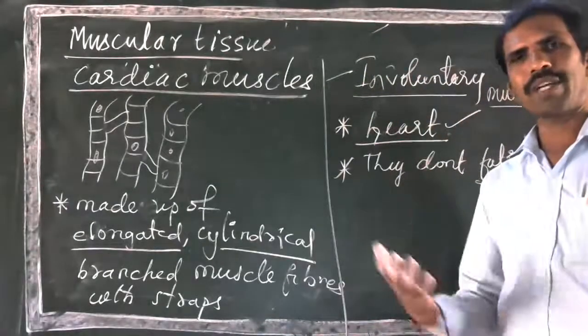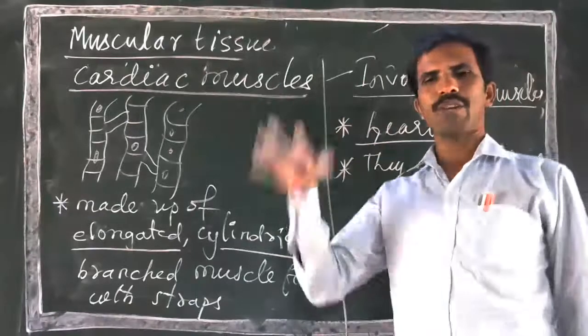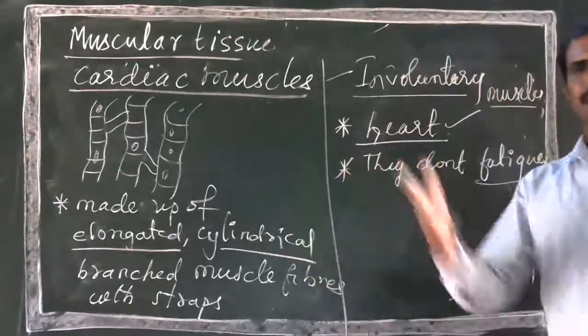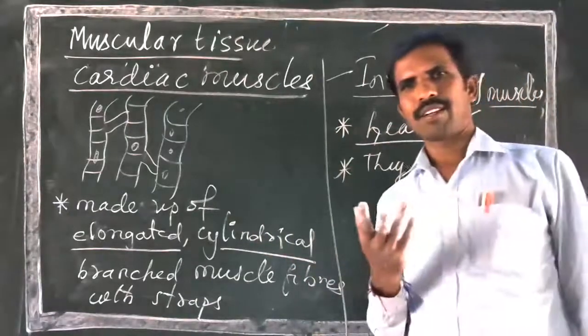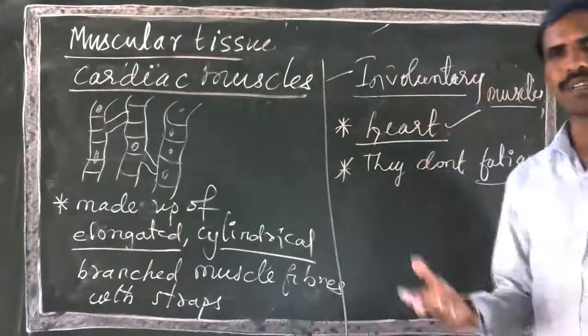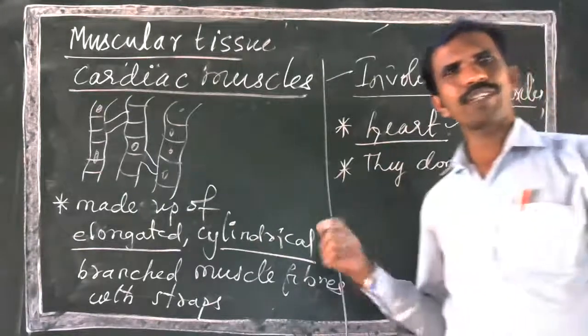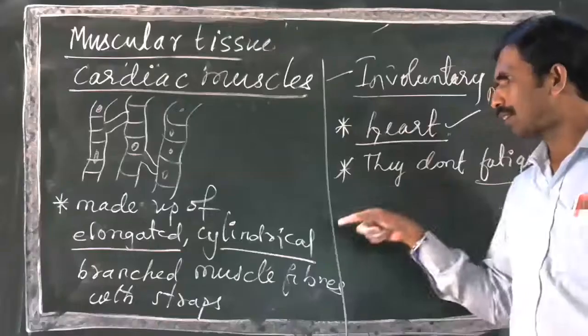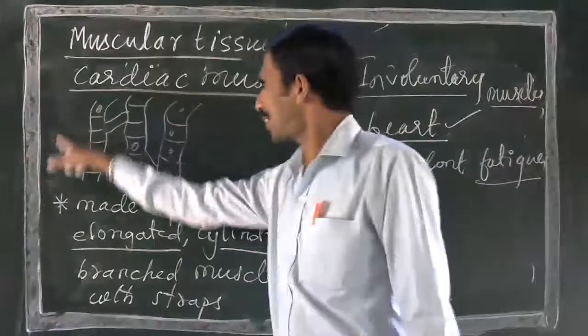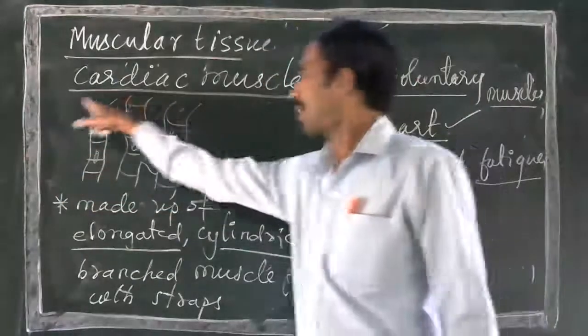When you are sleeping, walking, running, exercising, playing, chatting, laughing, whatever it is, voluntary activity or involuntary activity, the heart continuously does its work. Why? Because this is the characteristic nature of the fiber or muscle cell.